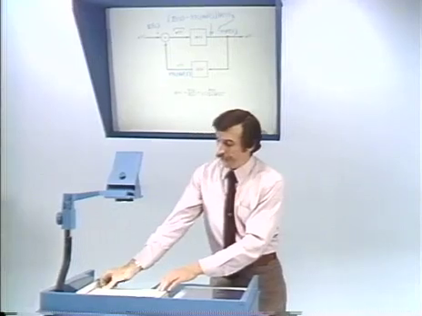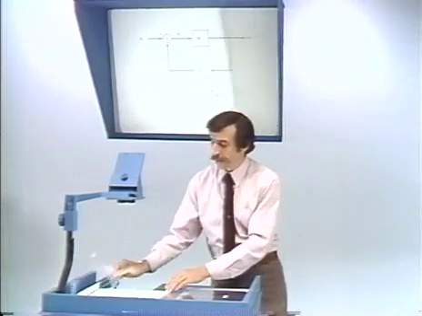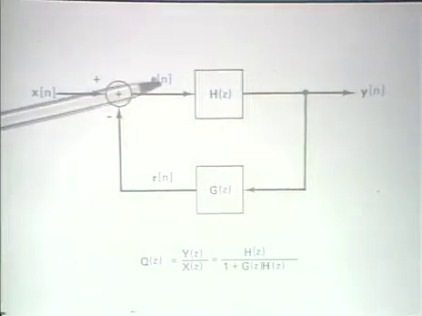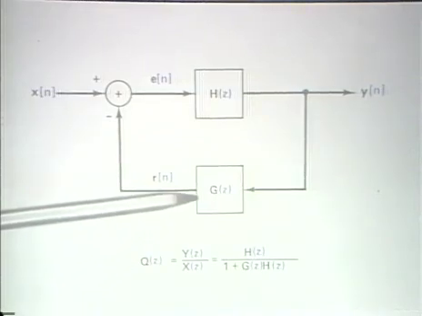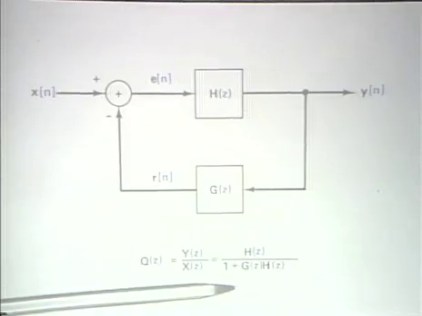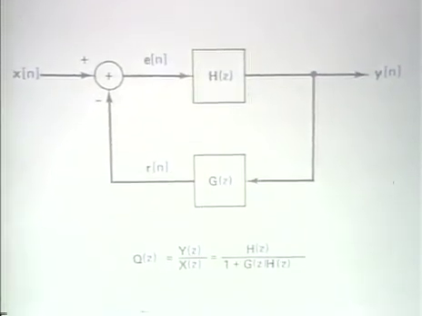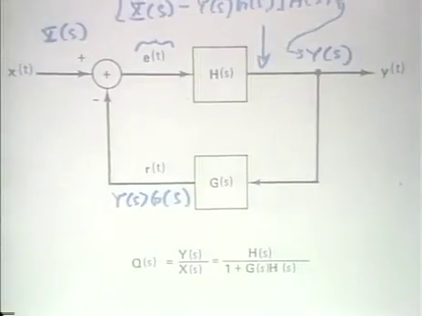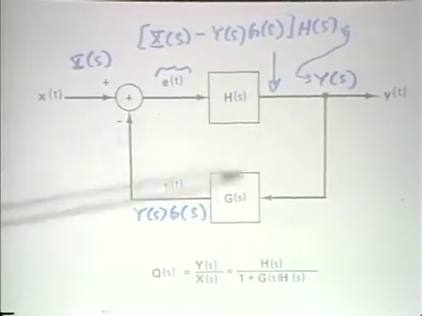If we carried out a discrete time analysis rather than a continuous time analysis, we would simply end up with exactly the same system and exactly the same equation for the overall system function, the only difference being that here things are a function of z, whereas previously everything was a function of t, and in the frequency domain s.